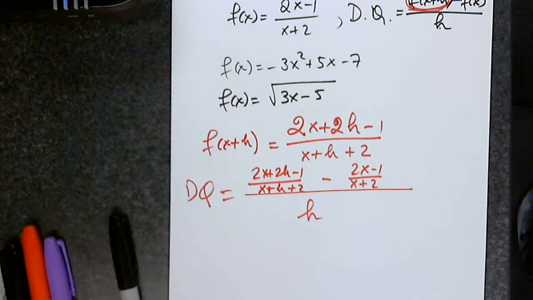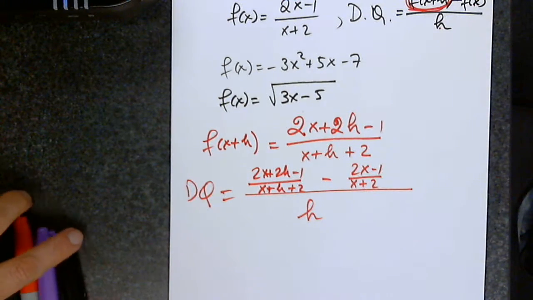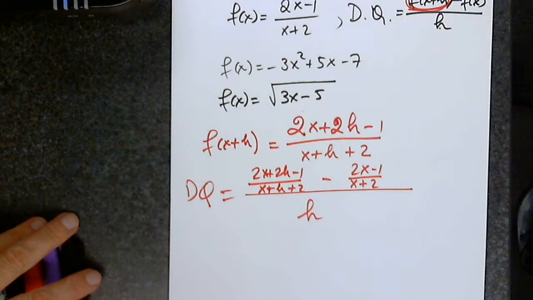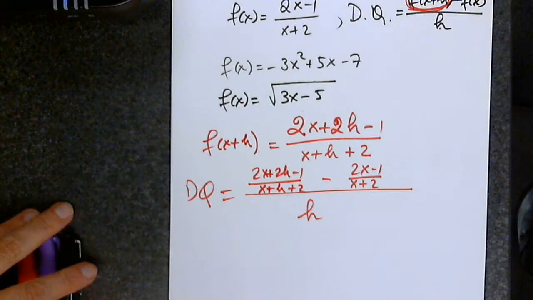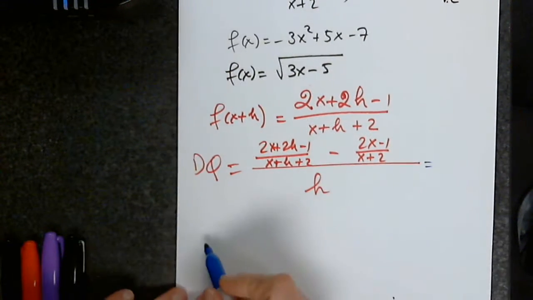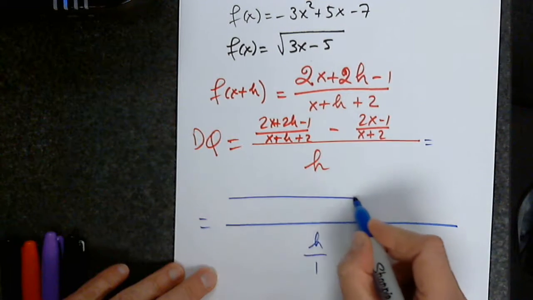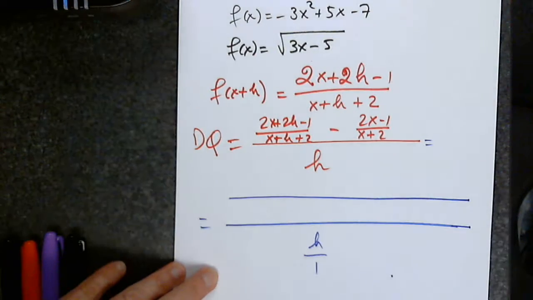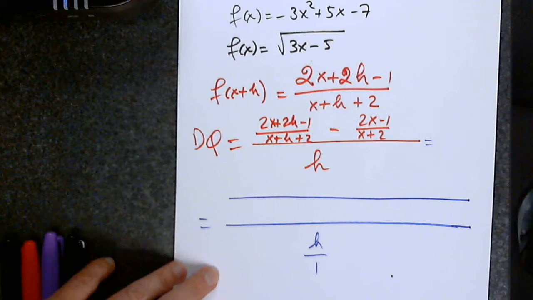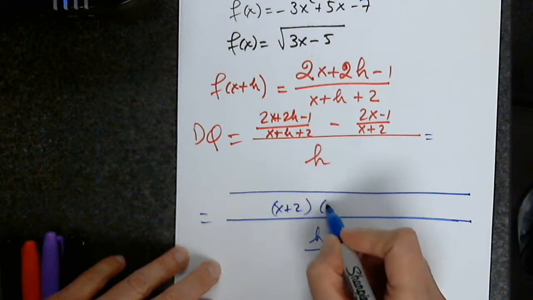Knowing how this works, you have accomplished at least a month and a half from next semester. And I'm not kidding. Then, of course, I have to find the least common denominator and the numerator, which is? Very good. Excellent.